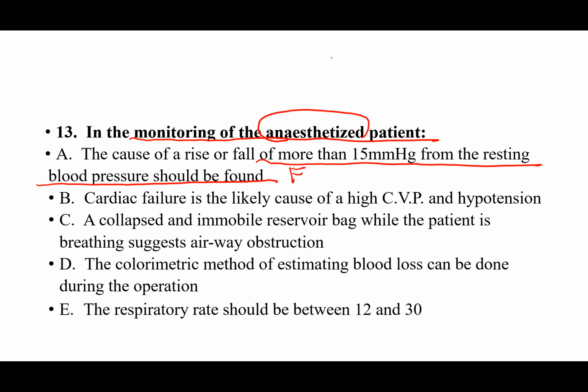So the cause might just be from your drugs. If you are using halothane, the blood pressure goes down. If you are using ketamine, the blood pressure goes up. Now, cardiac failure is the likely cause of high central venous pressure and hypotension, true or false?